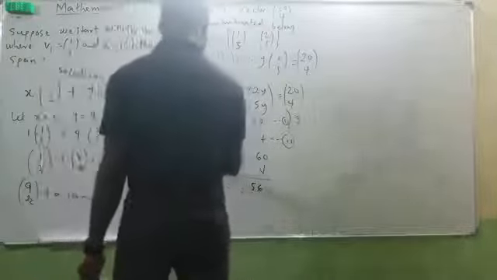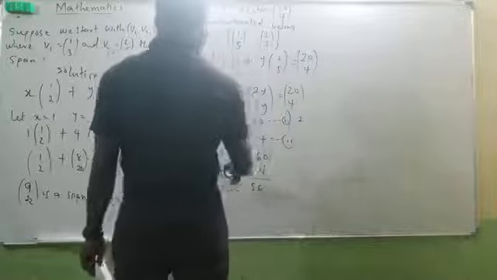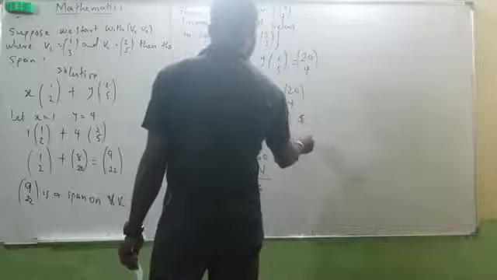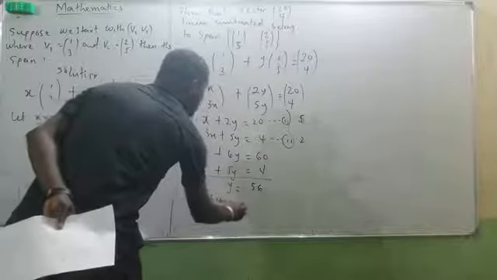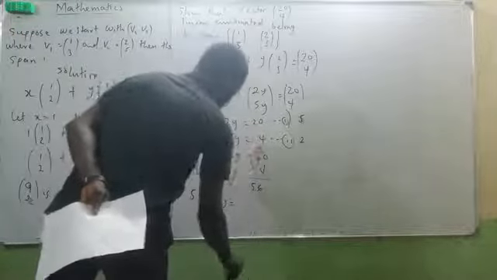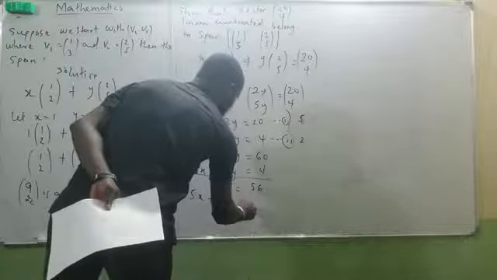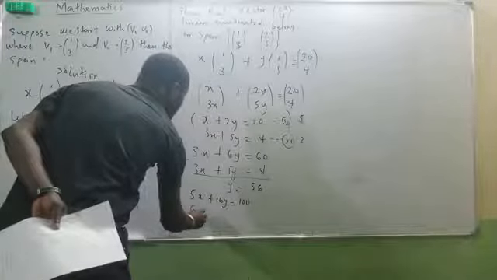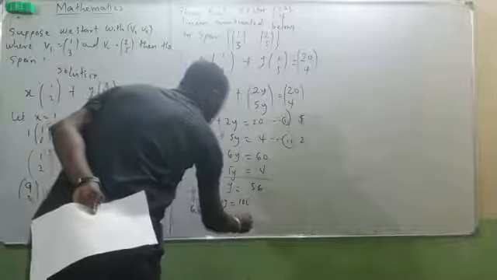That is my 56. Now since it's that 56, I can also try to eliminate the other one, which if I decide to multiply this one by 5 and by 2, I will be having 5x plus 10y equals to 100. Yes, it's 100, 5 times 5. And here will be 3, that is 6x plus 10y equals to 8.